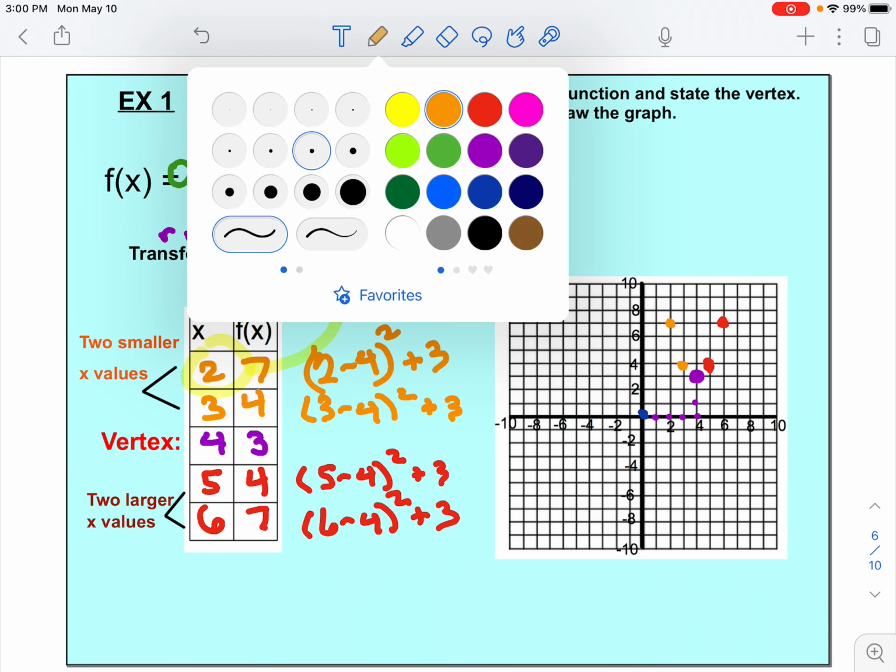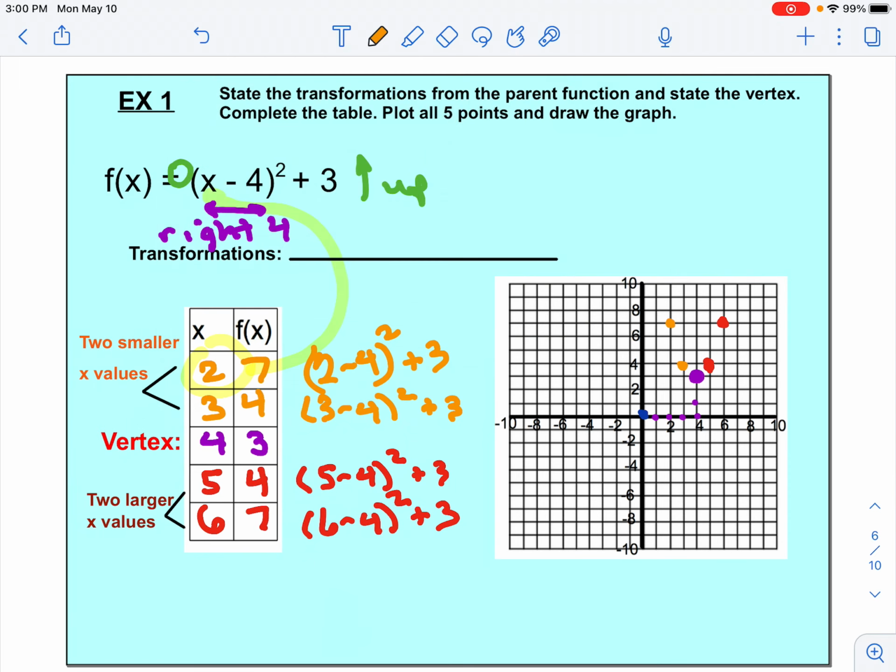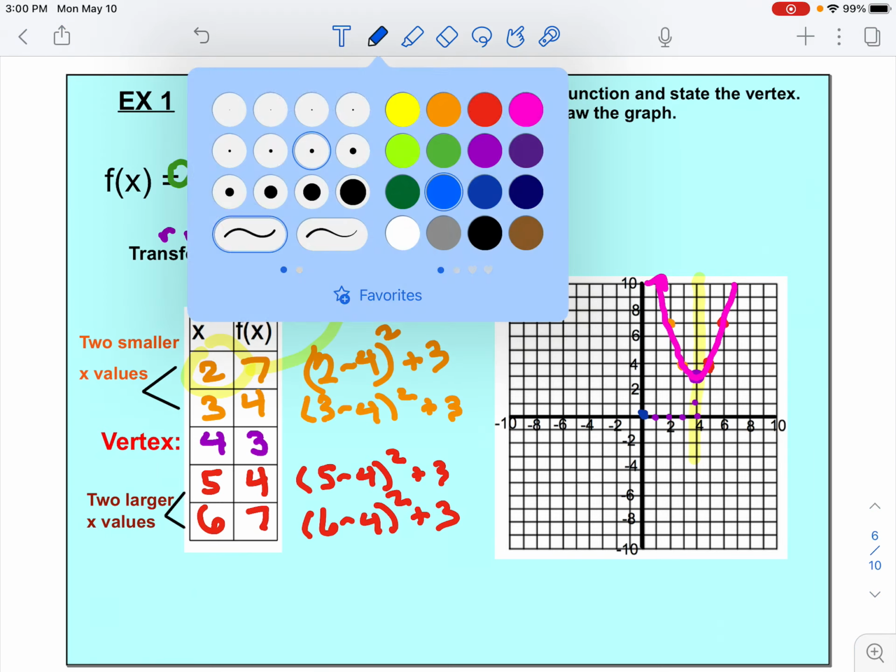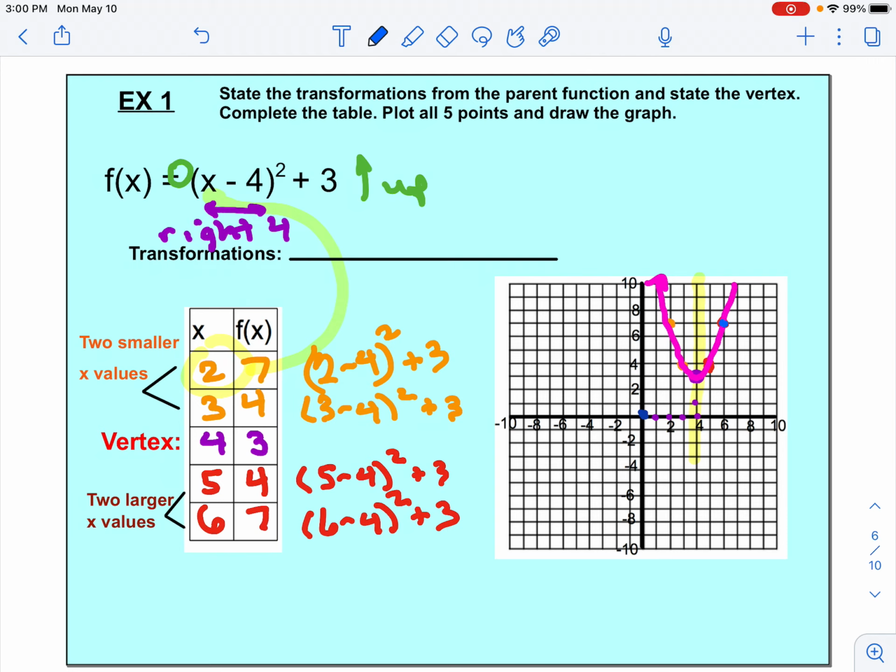And notice, now I have my 5 points, and I can sketch my parabola. Again, notice the axis of symmetry right here, and also notice that this point right here is 2 spaces away from the axis of symmetry, and so is this point. And that's why you see that you have repeating values right here.